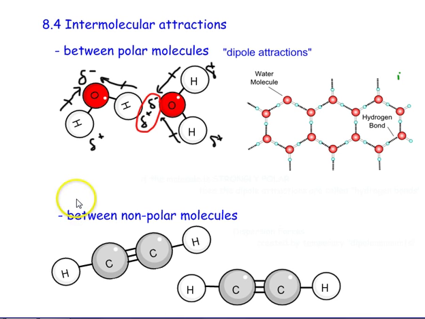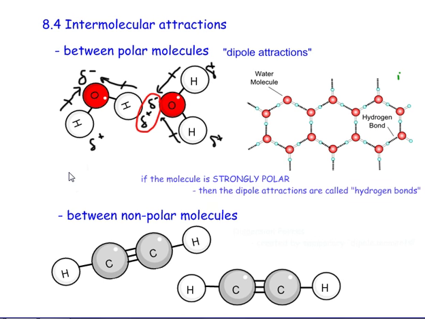Now, this is an example of a fairly strong dipole attraction, because water is a strongly polar molecule. And when you have molecules that are strongly polar, the dipole attractions have a special name called hydrogen bonds.